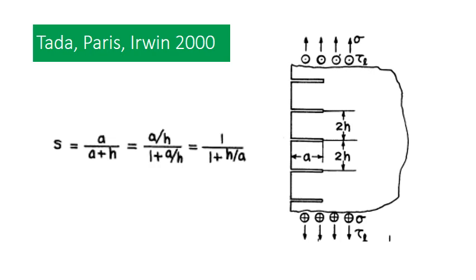Now, it might not be apparent why they have a spacing of 2h rather than just h, but it comes down to the way that they're doing their mathematical derivation. You'll see also that they define a spacing parameter S, which is equal to A, the crack depth, divided by A, the crack depth, plus H, the half crack spacing. And that turns into a very, very important thing to think about as we see how they derive their stress intensity factors.